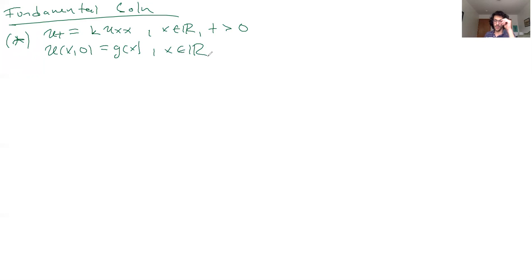And the main tool that we're going to use is self-similarity of solutions based on the symmetry of this equation. Just like in the tail end of our analysis of the wave equation, we used the symmetry of those operators in order to work out a method for finding solutions. We're going to use symmetry in this case in order to find solutions to the heat equation. And the idea is that you have reflection and translation symmetry, and then you can get a function that you can integrate against your initial condition, and that will tell you the solution to this IVP.